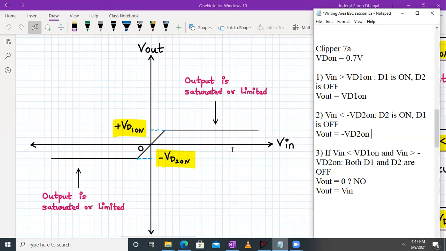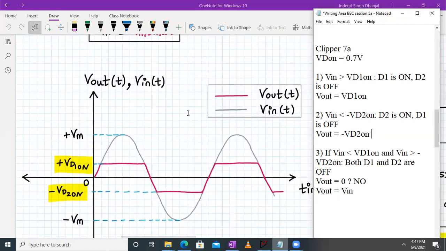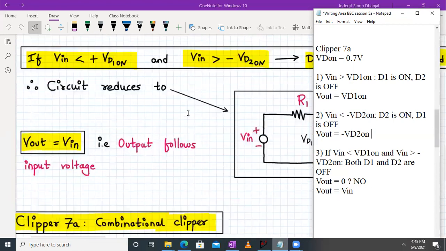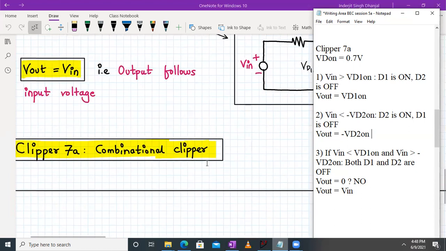So here we have clipping on both cycles, that is, the positive as well as the negative cycle. This type of clipper is called a combinational clipper, or a two level clipper, or a two-way clipper.